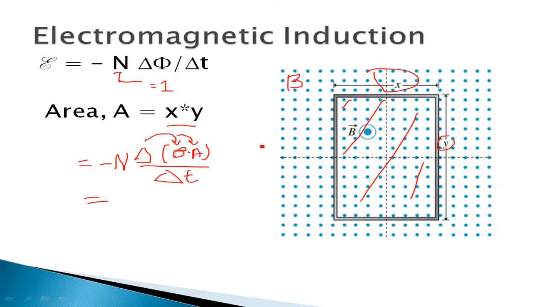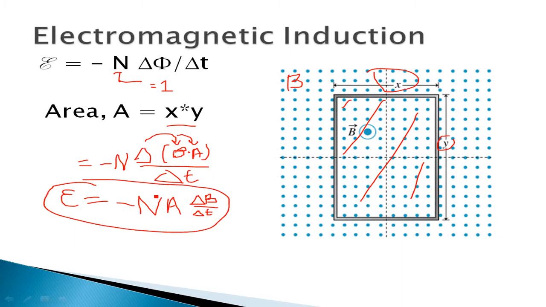And in the case of our picture here, with this fixed rectangular wire, the area is not changing. So we can bring that A outside the change symbol, delta, and just write this as NA, delta B over delta T.